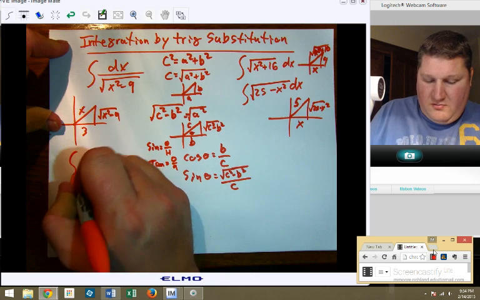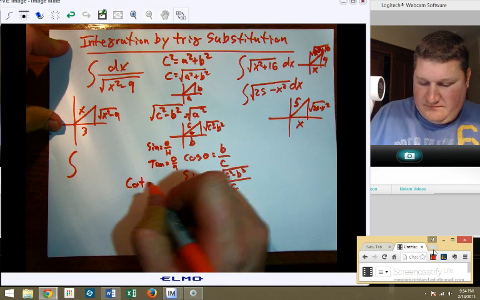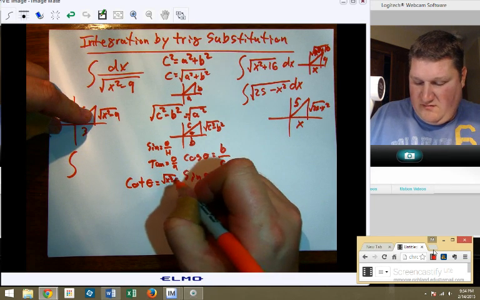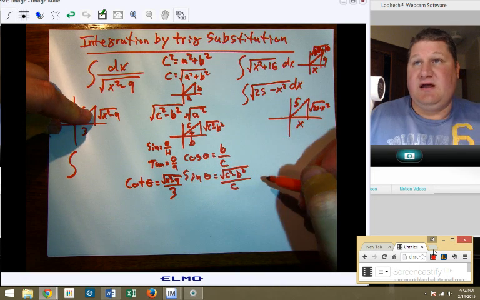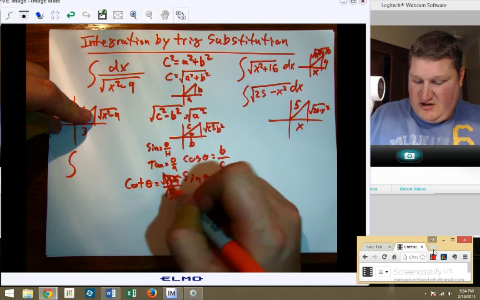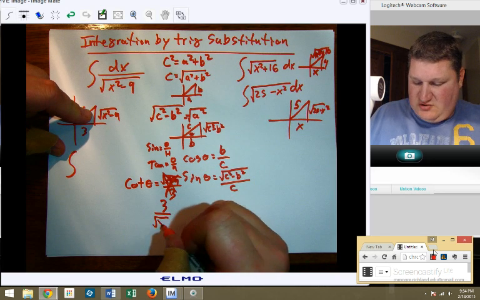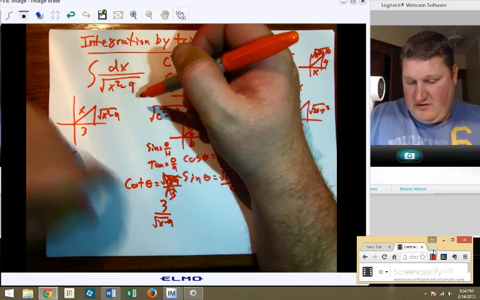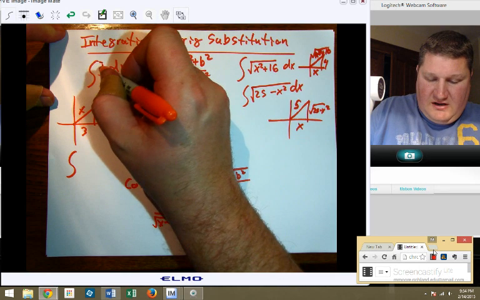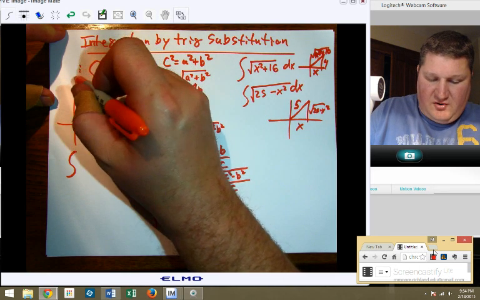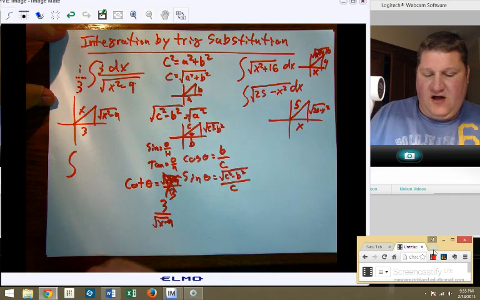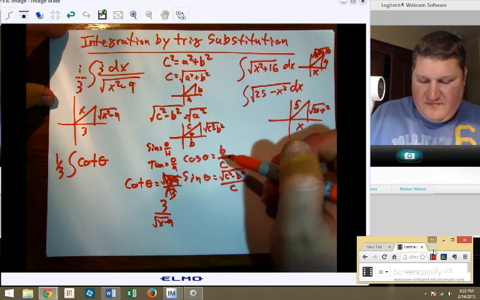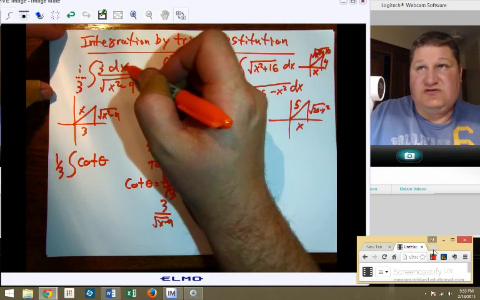So if I go cotangent of theta equals the square root of x squared minus 9 over 3. Well, excuse me, strike that, reverse it. 3 over the square root of x squared minus 9. Now, that's nice, except that I don't have a 3 up top. But if I put a 3 in up top, I just have to put a 1/3 out front. So I can say 1/3 cotangent theta. Now, that is still using dx.